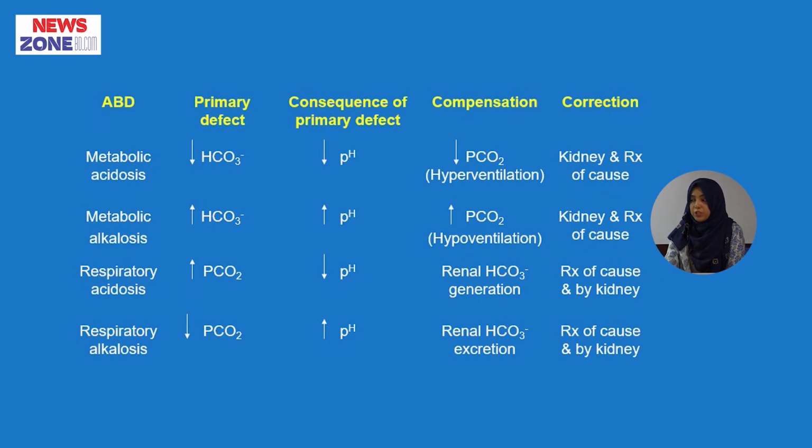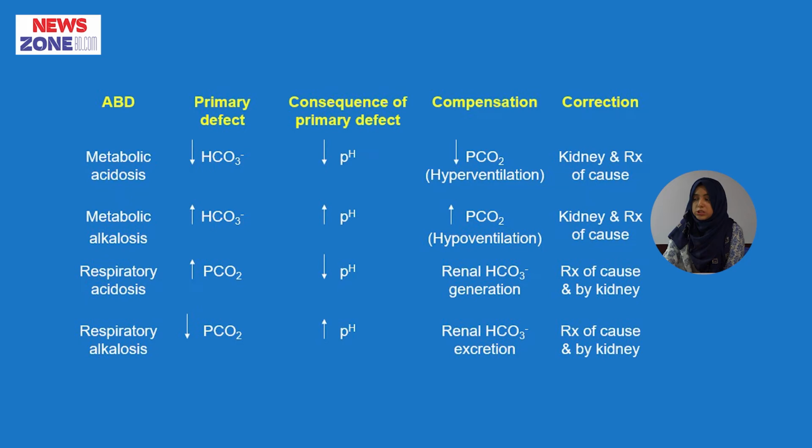By hypoventilation. And the correction of metabolic alkalosis is done by the kidney or renal system. Respiratory acidosis: the partial pressure of carbon dioxide increases, which tends to decrease the pH. How can we compensate it? By regeneration of bicarbonate ion, and correction is done by the kidney.